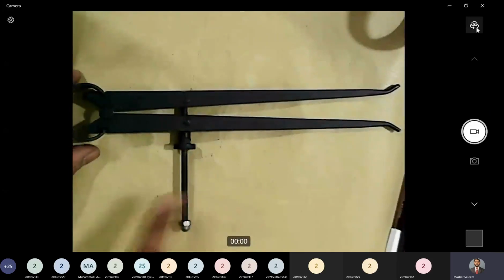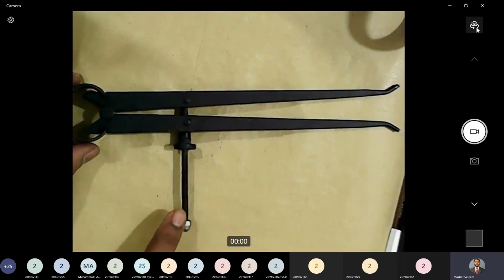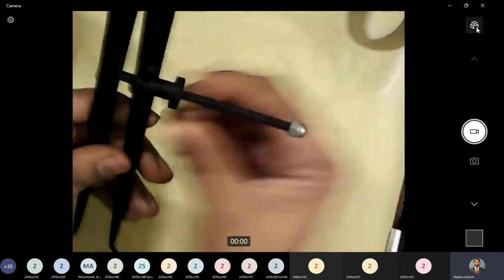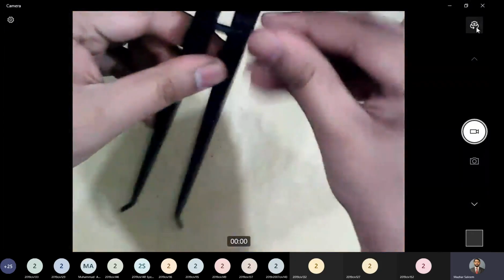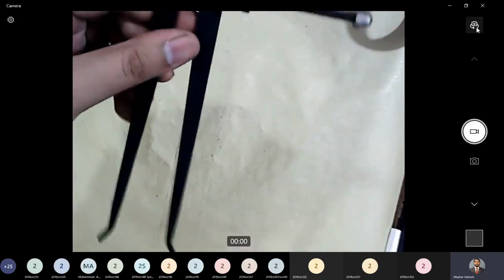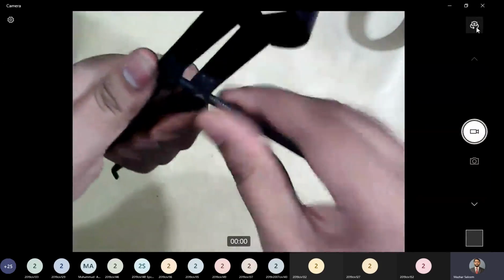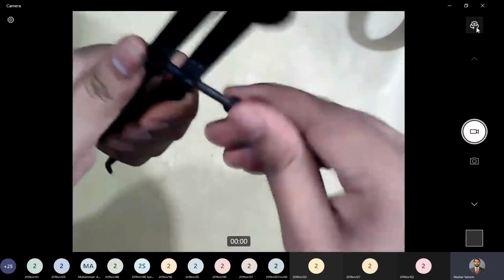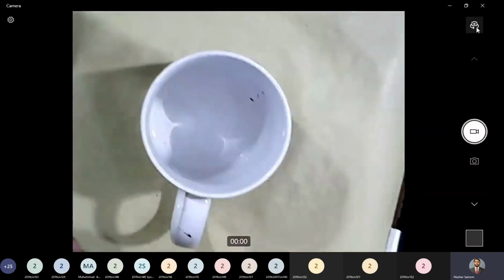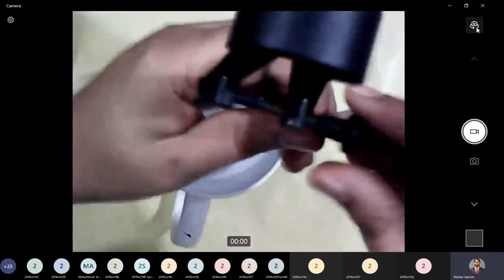In the case of the spring divider as well as for this inside caliper, we have this screw available that helps us in opening this inside caliper with good control. Now let's say we want to measure the inside diameter of this cup. What can I do?